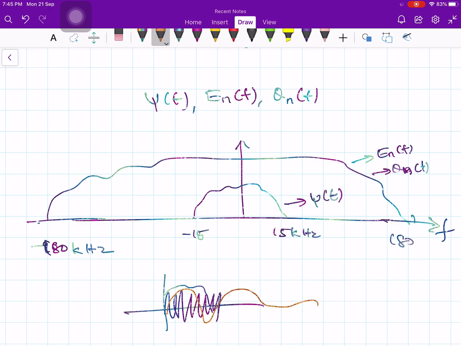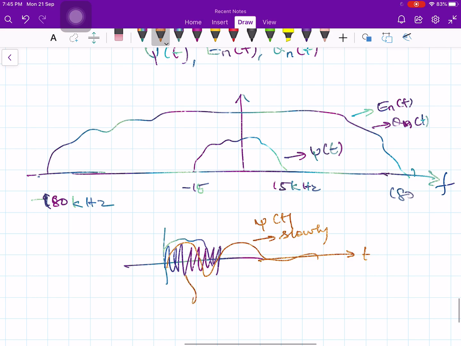This is slowly varying, your psi of t in the time domain, and this is your theta n of t, and in fact I can say En of t in the time domain. For a given time interval you have a large number of cycles, but the psi of t is slowly varying. In the frequency domain, since it is slowly varying, the frequency is less. That is why you have limited, small bandwidth. But the noise has a huge amount of bandwidth.